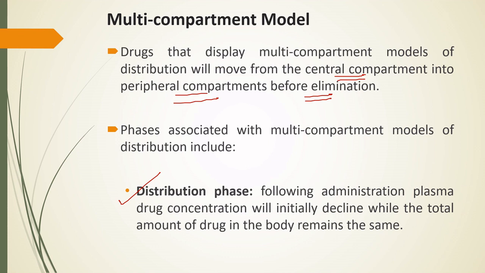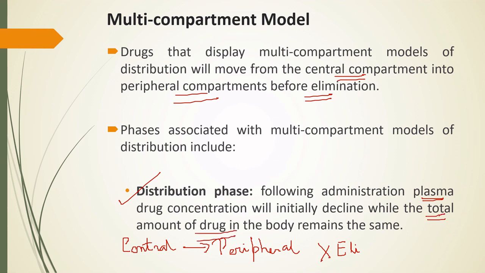Because, as I have already said, the drug is going from the central compartment to the peripheral compartment, but there is no elimination of the drug. So only distribution of the drug is taking place. That is why the plasma concentration is going to reduce, obviously, because of the distribution. But since no elimination is taking place, the total amount of the drug within the body will be the same.